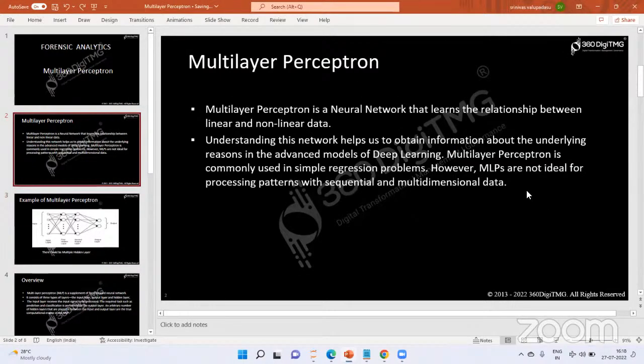A multi-layer perceptron is commonly used in regression problems also. However, multi-layer perceptrons are not ideal for processing patterns with sequential and multi-dimensional data. It is one type of feed-forward neural network that will give the relation for such type of data.